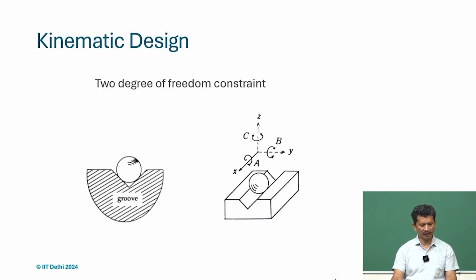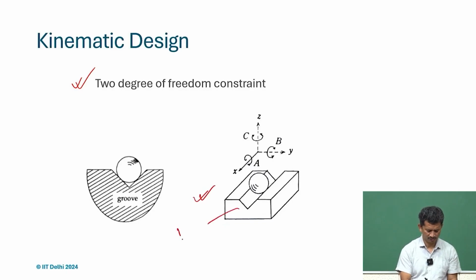So, there are several examples. For instance, what if they are done differently, if it is not a flat surface. In this case, instead of putting a ball on the flat surface, if we put it on a V groove, what will happen?